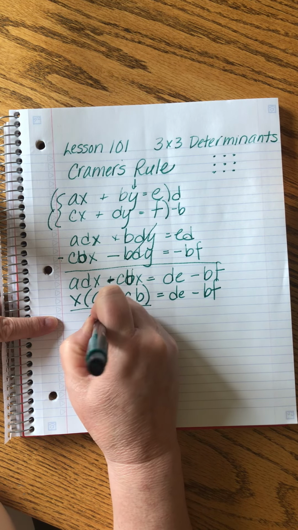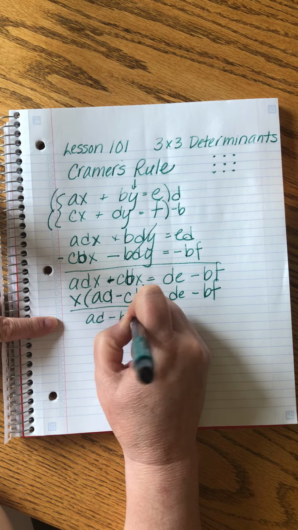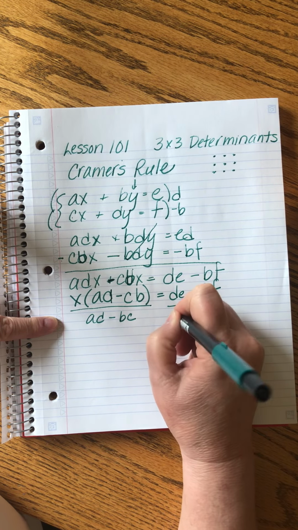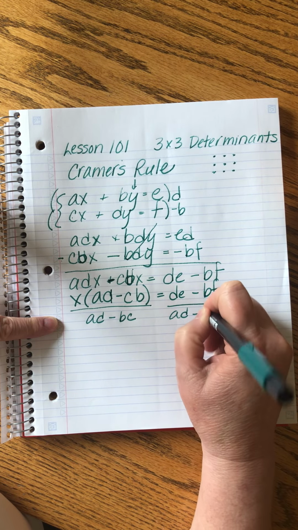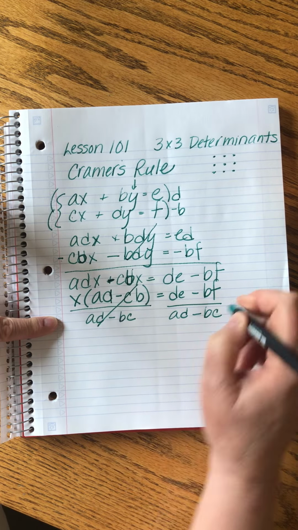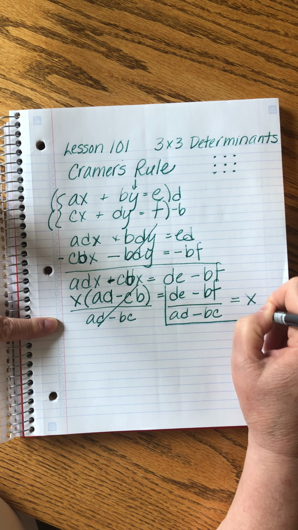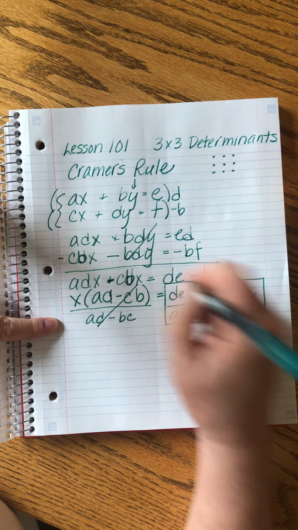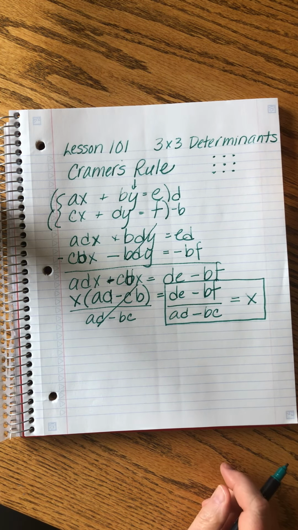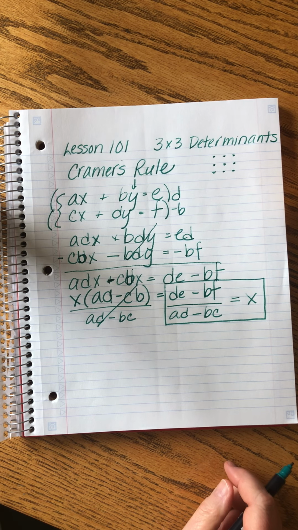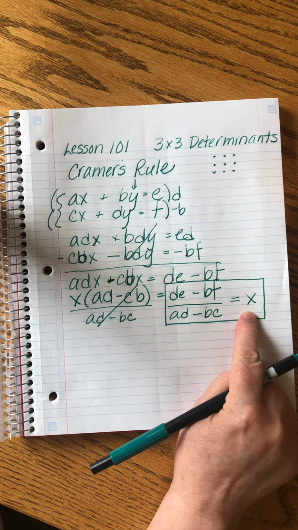Again, I'm just going to fix this. I keep messing up my alphabetical, but that's fine. AD minus BC. This all cancels, and we get this as a shortcut way to get to a value for x.